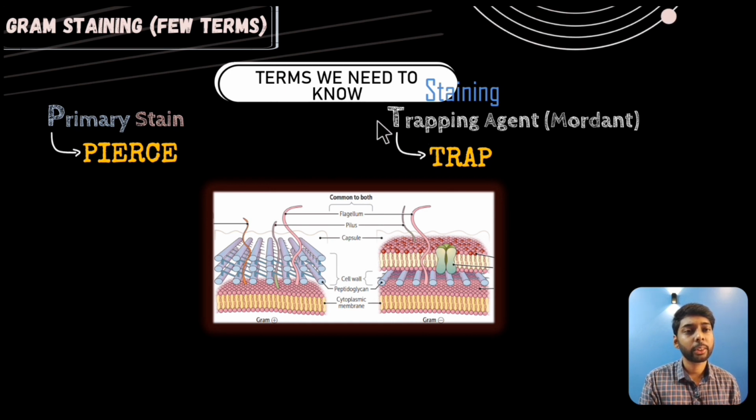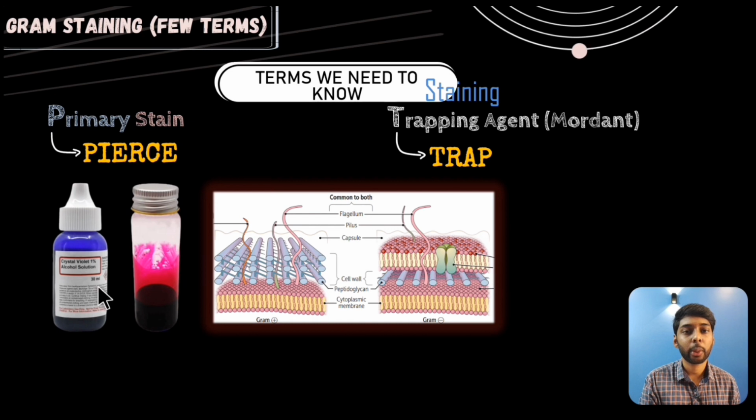And when we use a trapping agent, well, the name suggests what it does. So the trapping agent or mordant actually makes the stain stick to the peptidoglycan layer more strongly. So we will talk a little bit more about trapping agent as we move on. Now let's look at a few examples of primary stain.